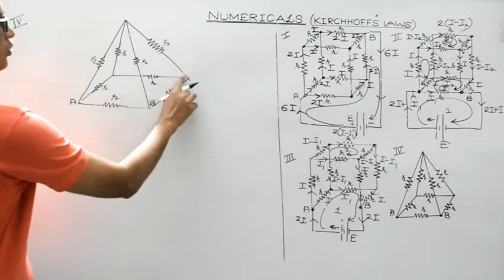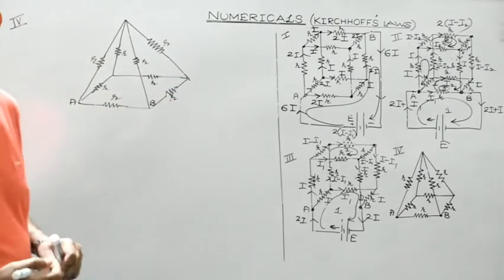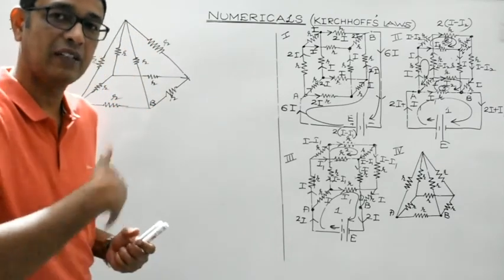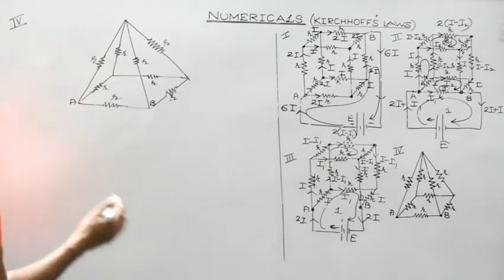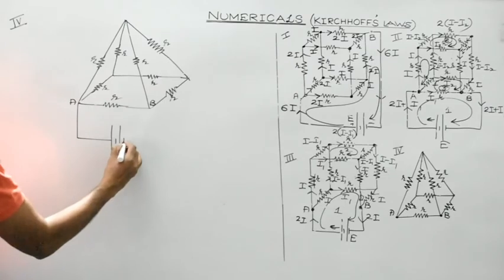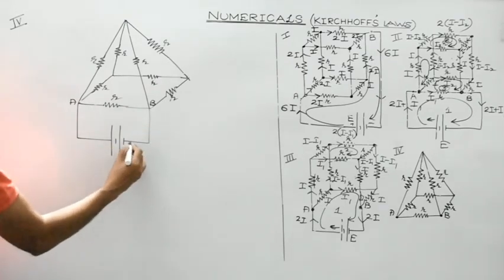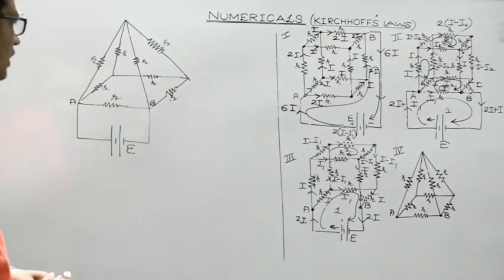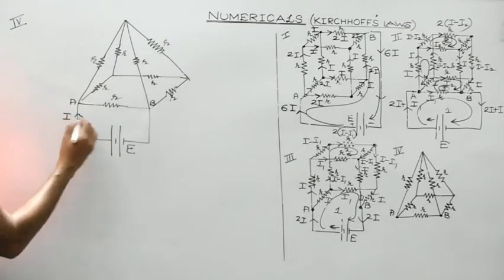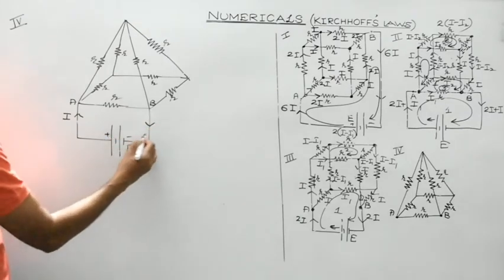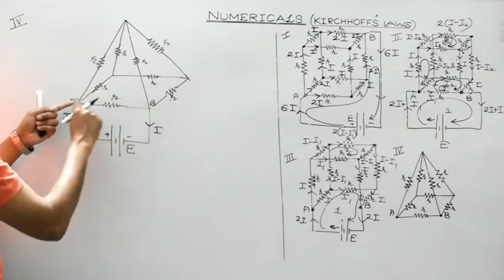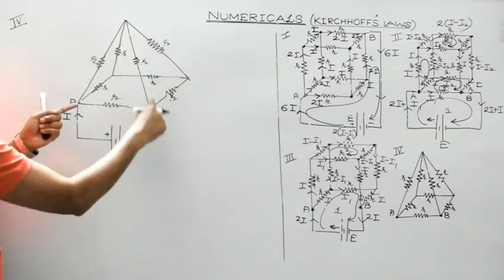So what's the technique, students? First step is to connect a source between the 2 points across which the effective resistance is to be determined. So we'll connect a source over here, say of EMF E. Now, net current, suppose it's I, so the net current entering the negative terminal must also be I. Over here, this path is offering resistance R, this path is offering resistance 4R, this path is offering 2R.